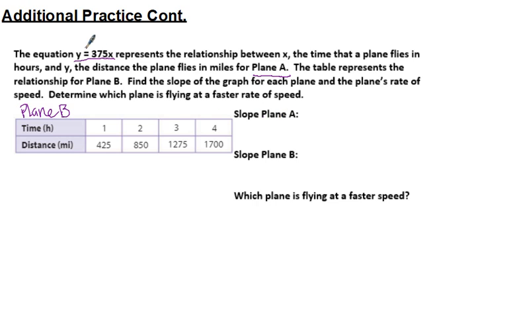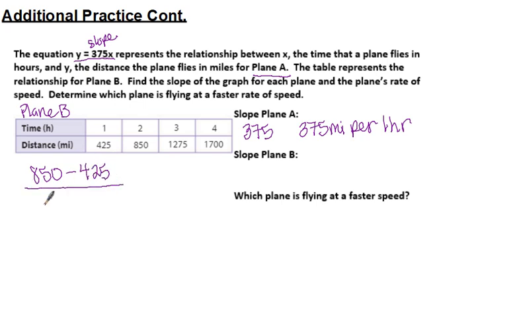All right, for plane A, our slope is already right here in our equation. So slope of A is 375. We could say it's 375 miles per 1 hour. Remember, that's how we change our slopes into unit rate. So for plane B, we would need to find the slope between these points. I'm just going to pick 2 points. I like to always pick my smallest, so I'm going to go 850 minus 425 over 2 minus 1.